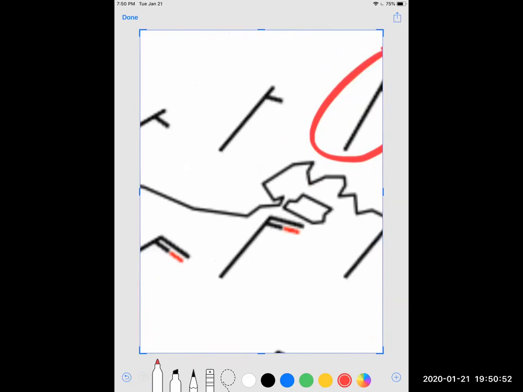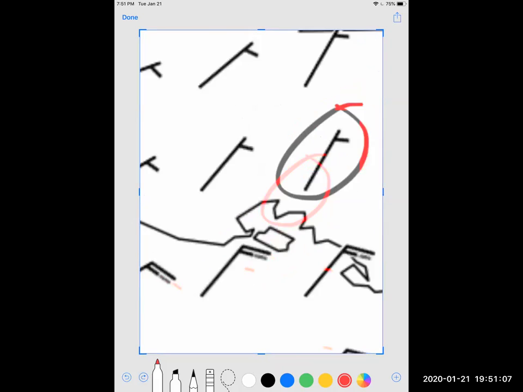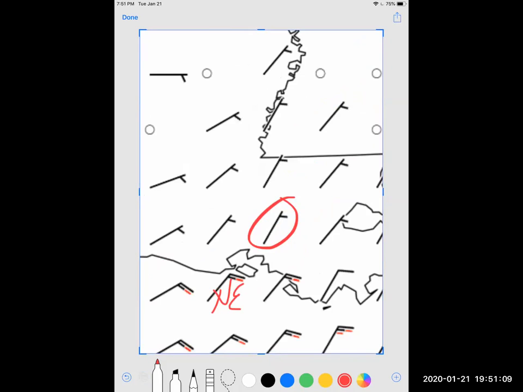As opposed to off the coast, it'll still be out of the northeast, but it'll accelerate to 15 knots. How do we know it's 15? Because the longer line represents 10, the shorter is 5, so that's 15, and then the red represents the gusts. So in other words, the winds would be out of the northeast at 15 knots, gusting to 20.